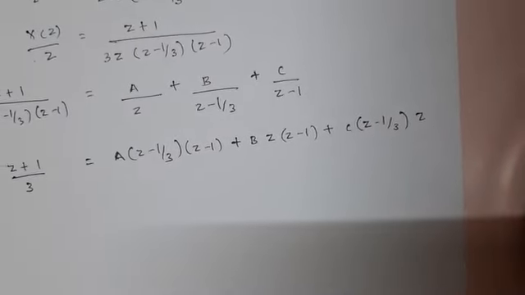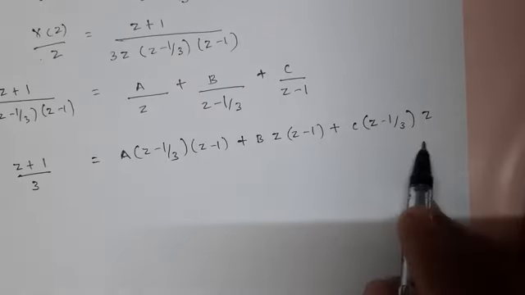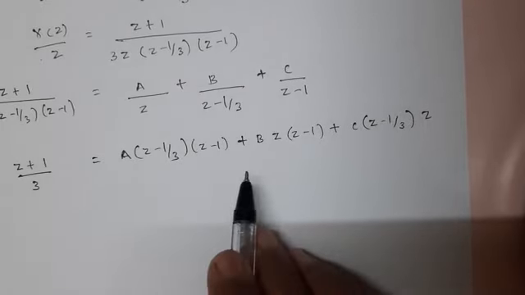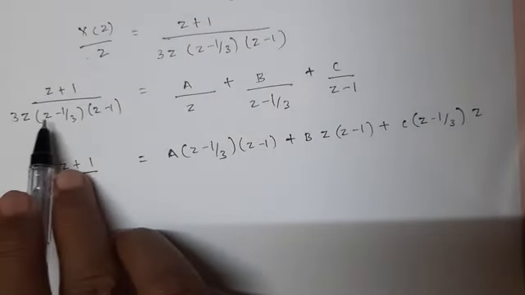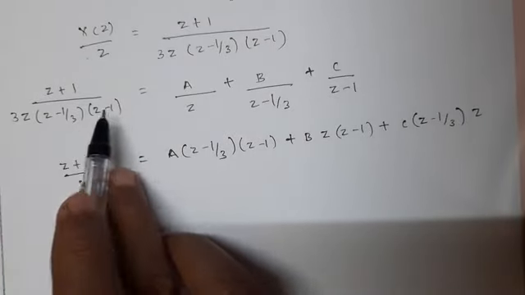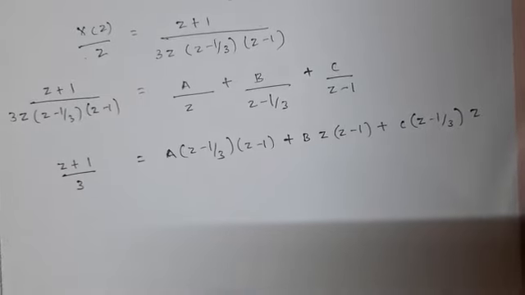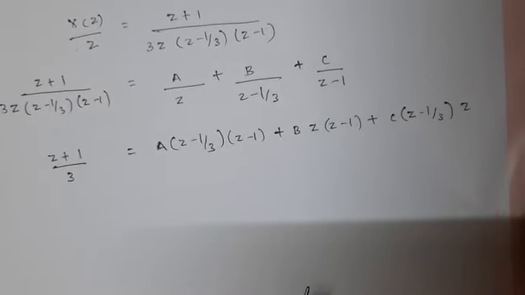This is how it is represented, divided by z, z minus 1 by 3, z minus 1, which cancels out with the z, z minus 1 by 3, z minus 1. You are left with z plus 1 by 3. That's it.